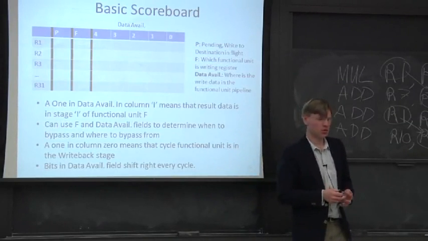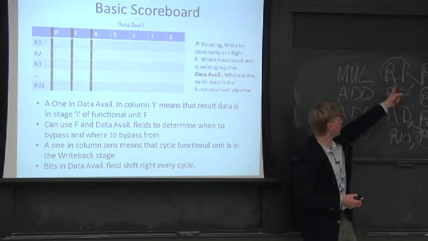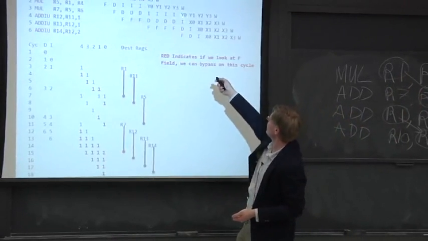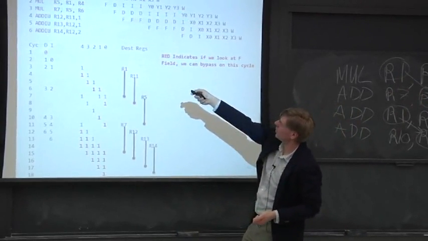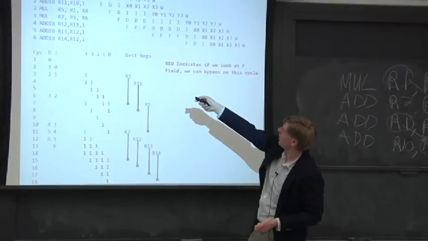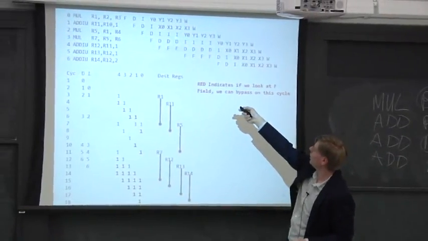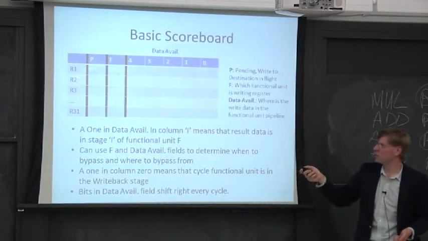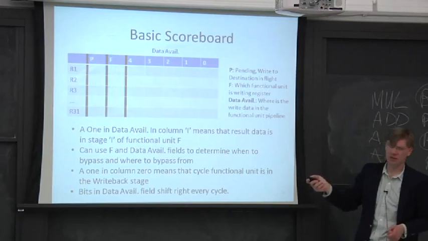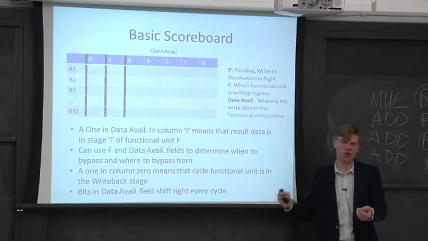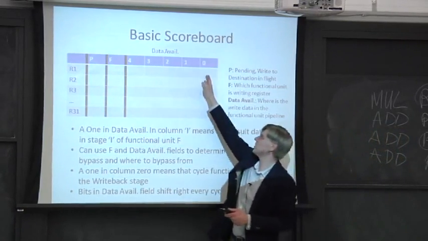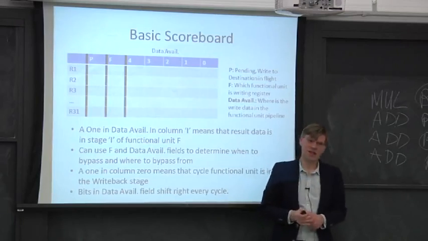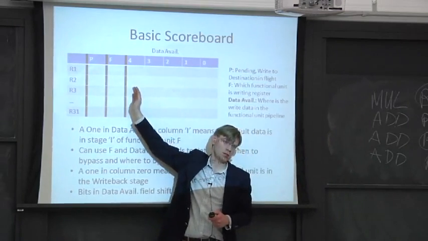I'll say it one more time. To see this, take this example here. We have a mul that writes R1 and something else is supposed to read R1, but we end up stalling here. The way we know that is we know the functional unit. Because it says multiply, we know that we have to wait until it gets to here, or rather probably here, instead of trying to pick it off earlier.